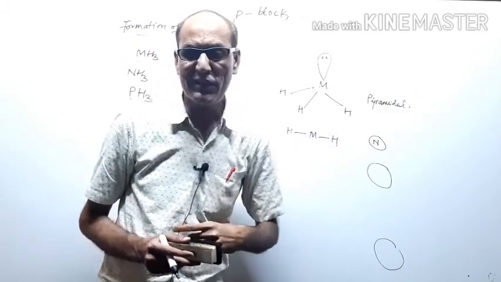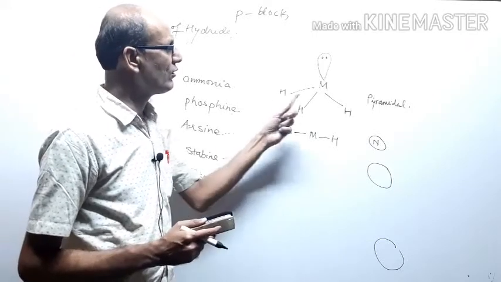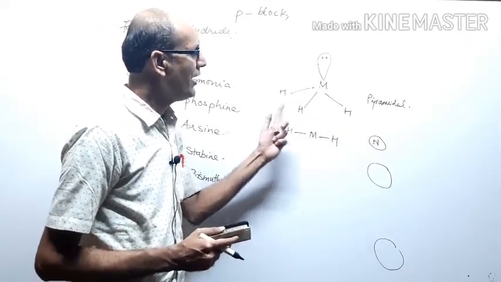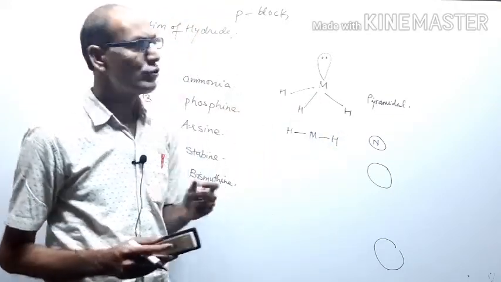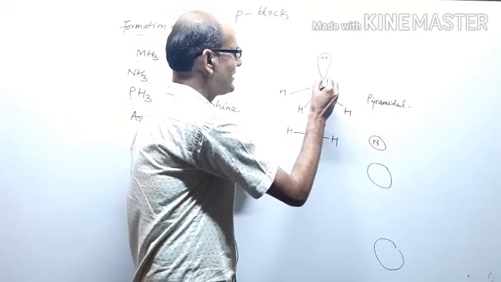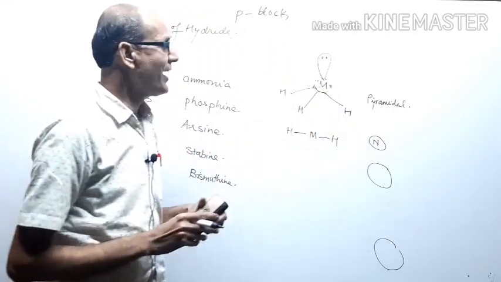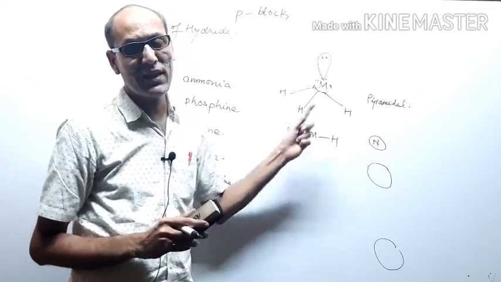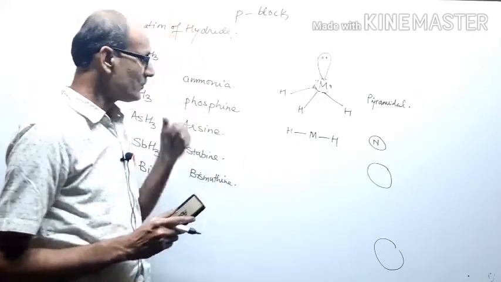Nitrogen is the smallest and has the highest electronegativity in group 15, so the electron density in ammonia will be maximum at nitrogen. When the electron density near the central atom is highest, the repulsion between the lone pair and bond pair will be maximum.